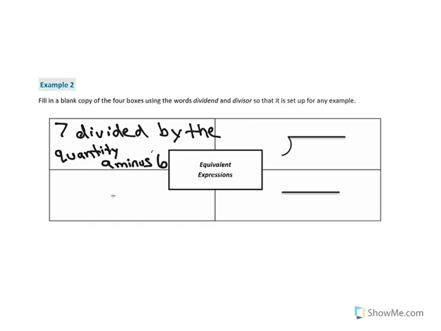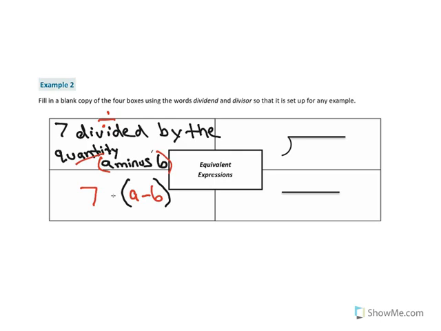Now, we know from our last lesson that divided by is written that way, so we would write the 7 on the left-hand side, and then the quantity of a minus 6 on the right-hand side, and because it's a term, we have to put our parentheses, which are our grouping symbols, around the a minus 6. And that's also because we had the word quantity, and so therefore we have to put our parentheses around it.